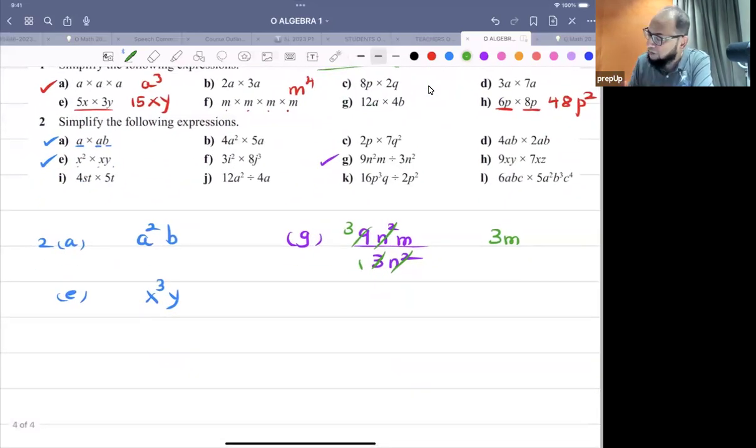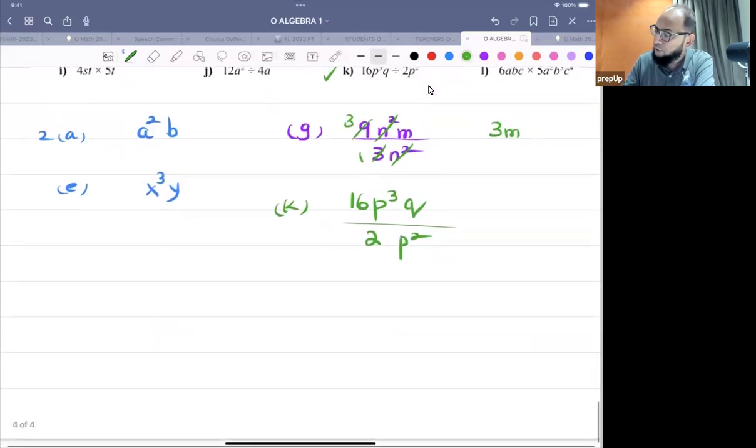Similarly, let me choose another one, something like k. So in k, it says 16p cube q divided by 2p square. So now over here, 2 eights are 16, and then over here, what we see is that p cube divided by p square.